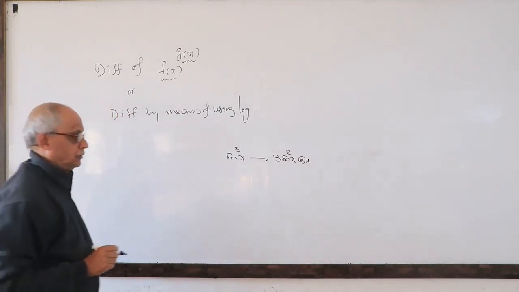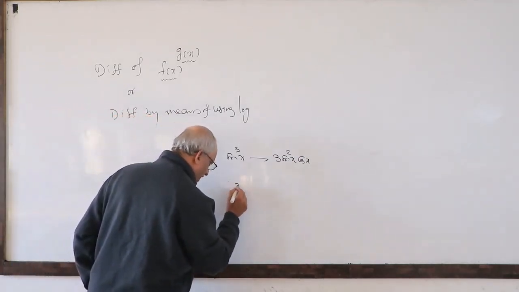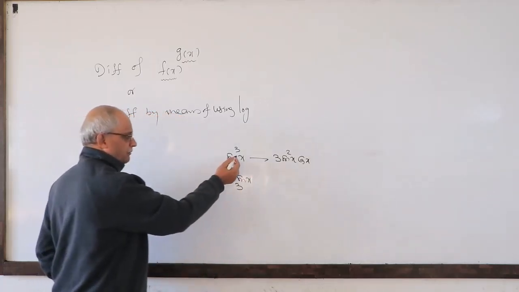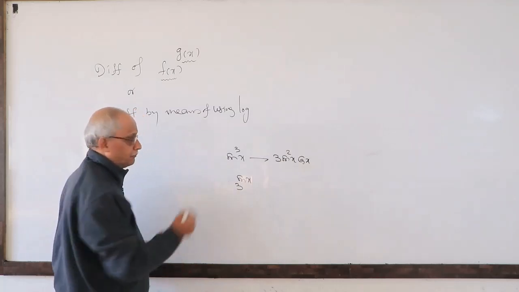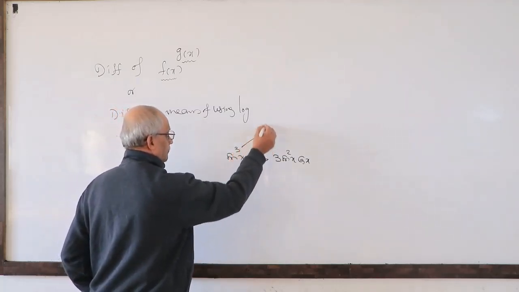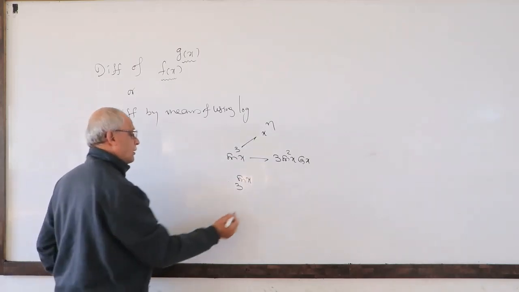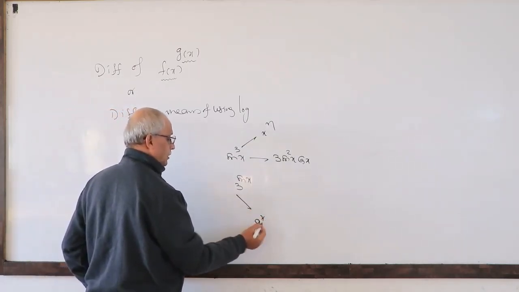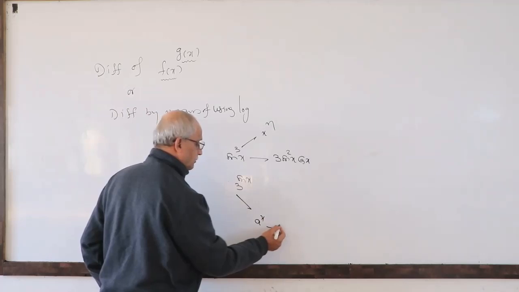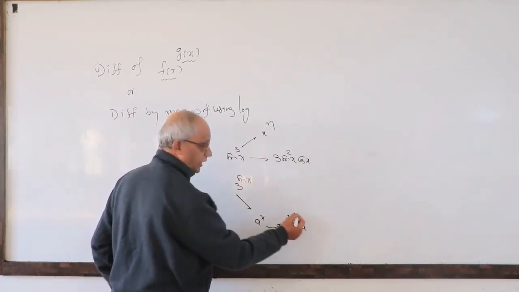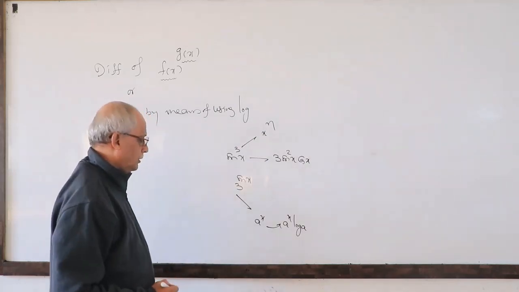Next. Base is a constant, power is a function. This is in the form of x power n. So we know that. This is in the form of a power x. What is a power x derivative? A power x log a.